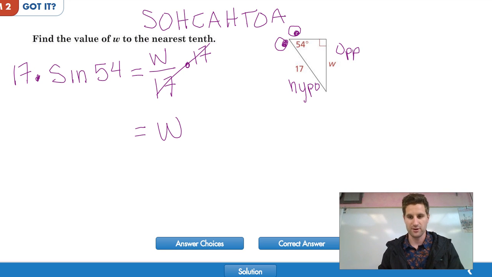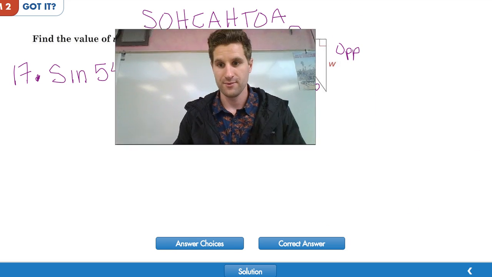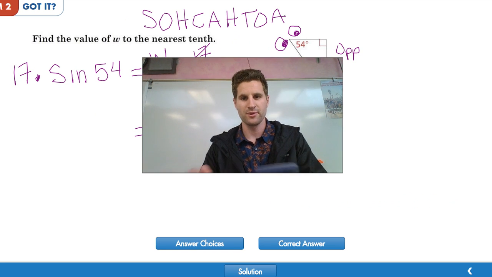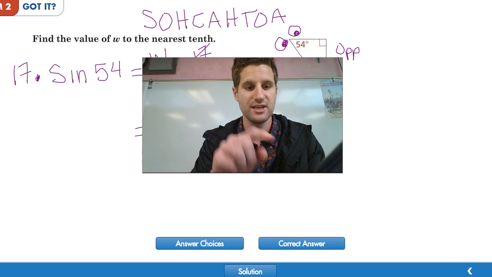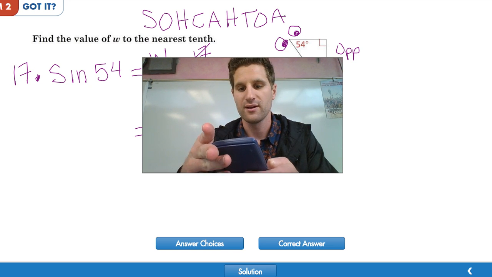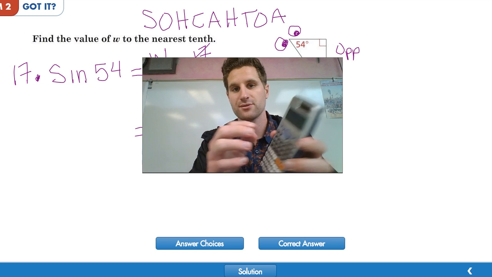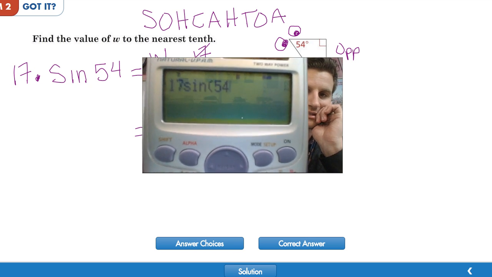Now we're calling in the big guys. Here comes our calculator. So I'm going to go ahead and punch it in. Let's increase the size. Okay, I guess that's not too big, but we'll make it work. Okay, so I'm going to just type in 17, hit the sine button, and then 54. Okay? So there's a couple secrets to this we'll have to talk about more in class, but hopefully you guys can see that.